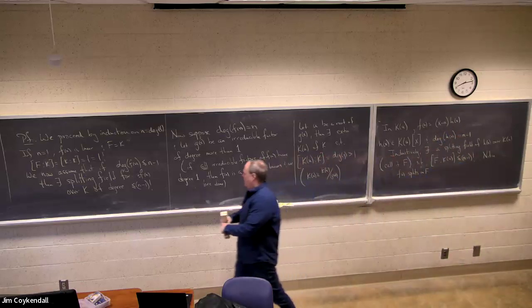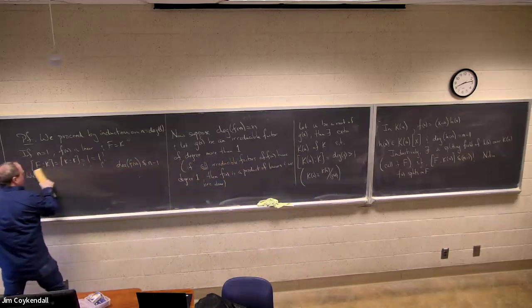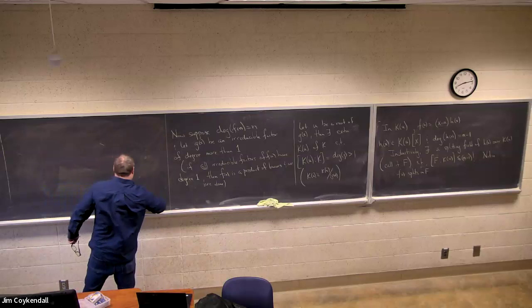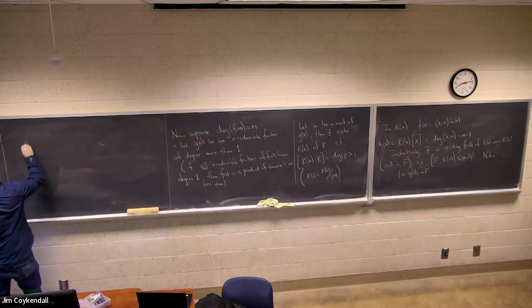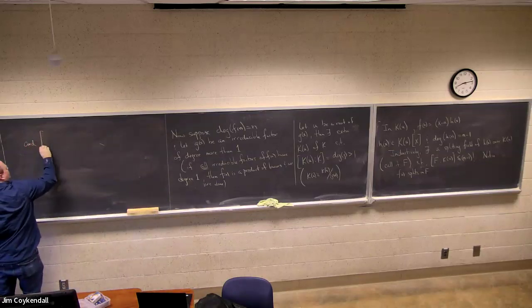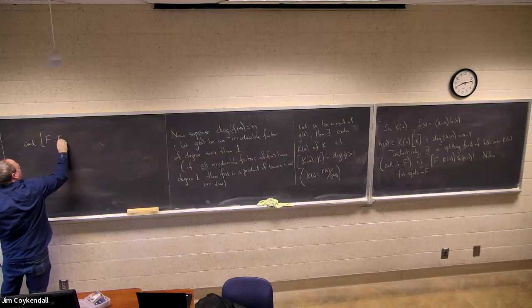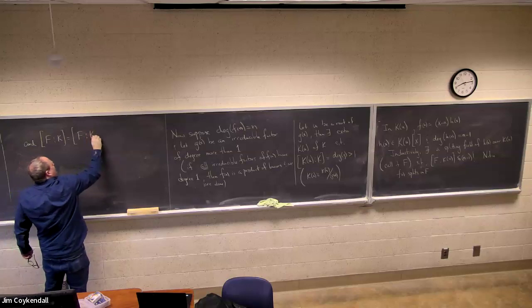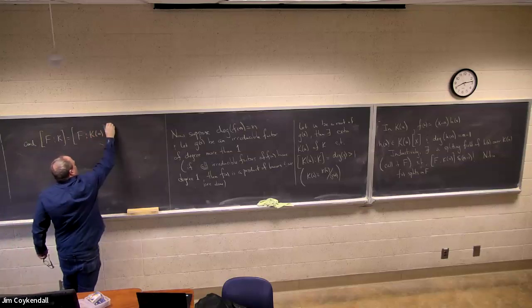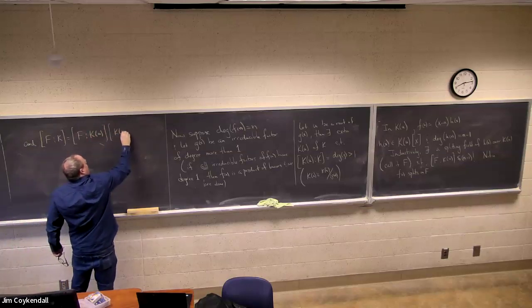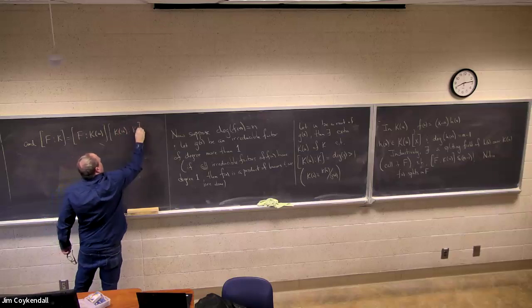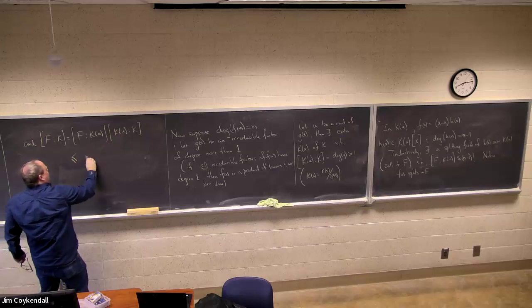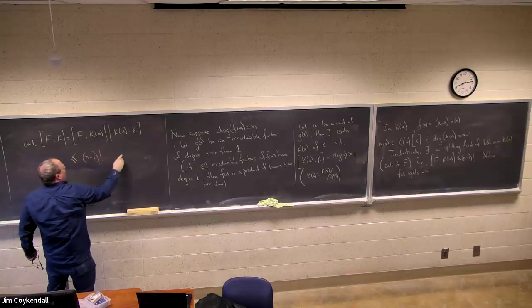And the degree of F over K is equal to the degree of F over K_u times the degree of K_u over K, which is less than or equal to n factorial.